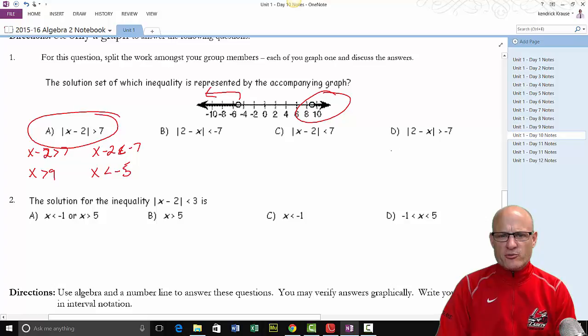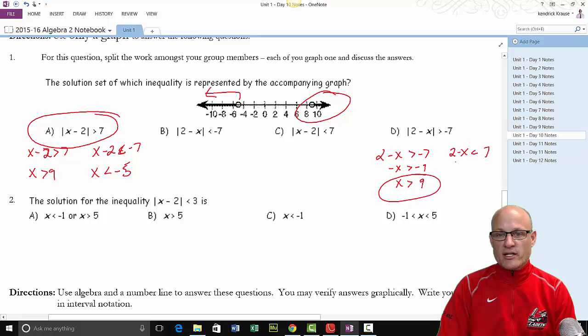If you were to do this one, you would get 2 minus x is greater than negative 7, or 2 minus x is less than 7. Now if I solve this, subtracting 2, I would have negative x is greater than negative 9, or x is greater than 9.